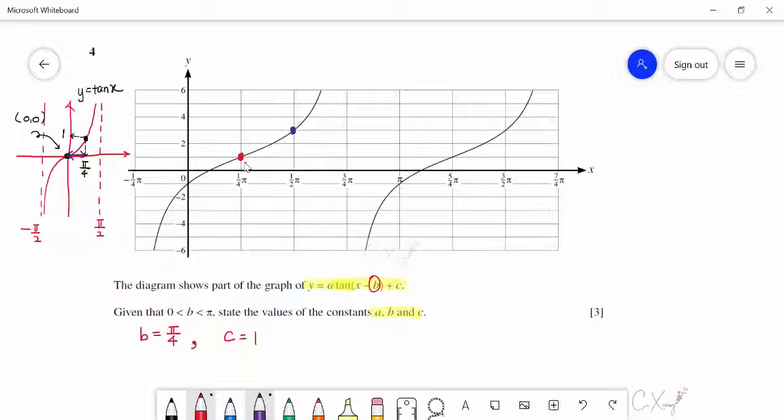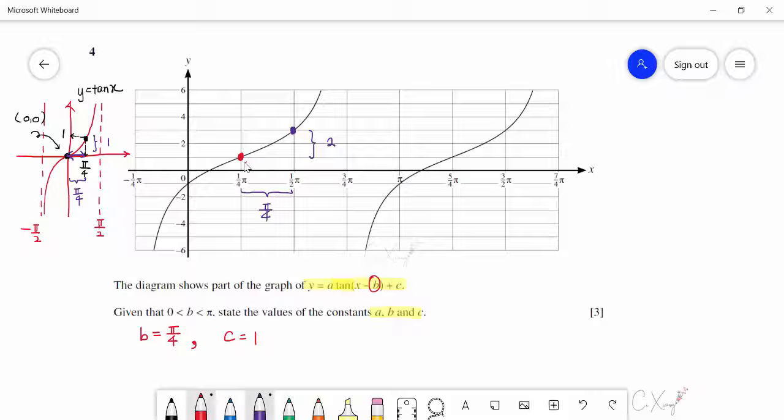Our original graph has this distance as pi over 4, and this distance as 1. But now, if you refer to our graph, this distance is still pi over 4, but the difference in the value of y will be 2 units.